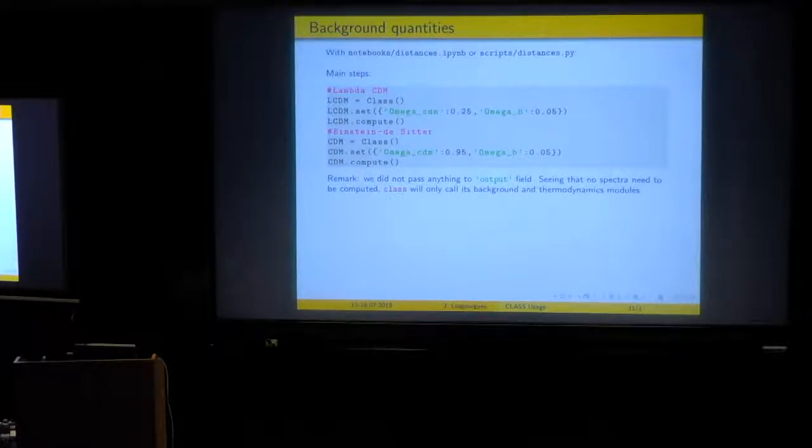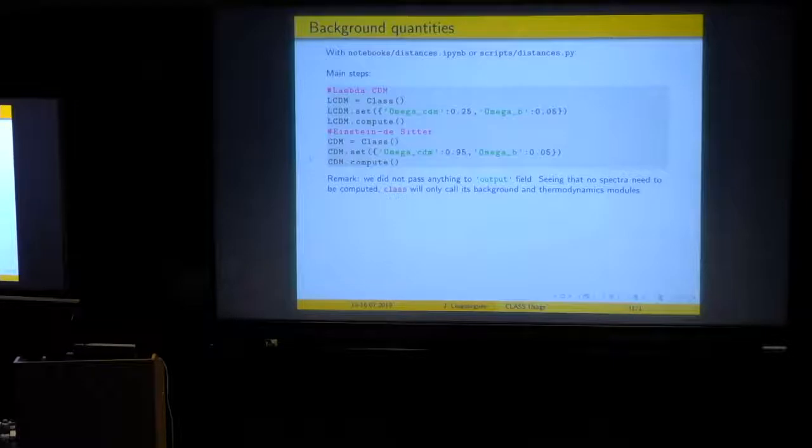We set cosmological parameters, and we will control omega B and omega CDM because it's important to be sure of their value for this example, but I don't pass the others because I'm happy they are fixed to whatever reasonable value. So you see that this will be lambda CDM, omega lambda will be automatically adjusted to 0.7.